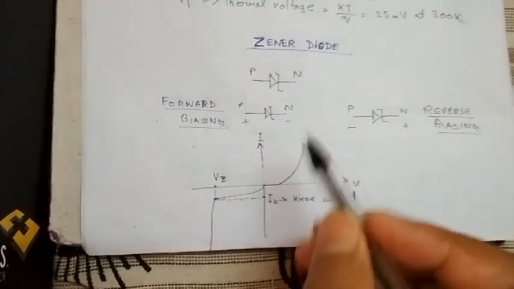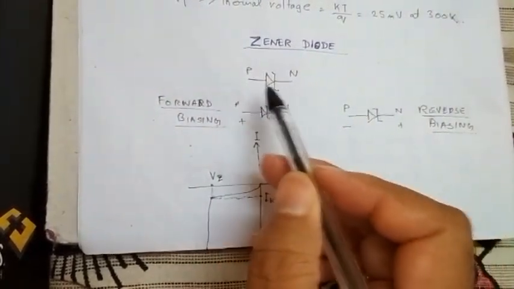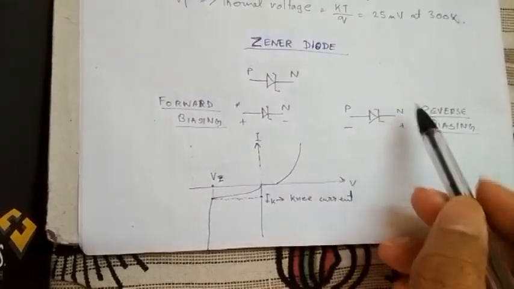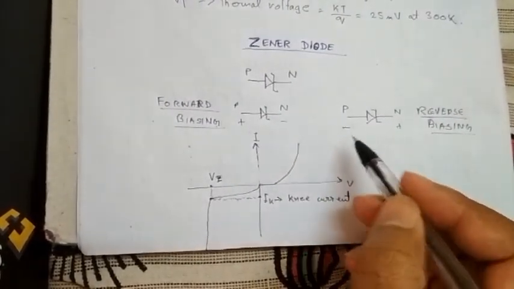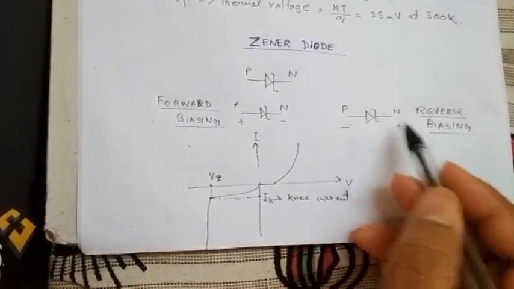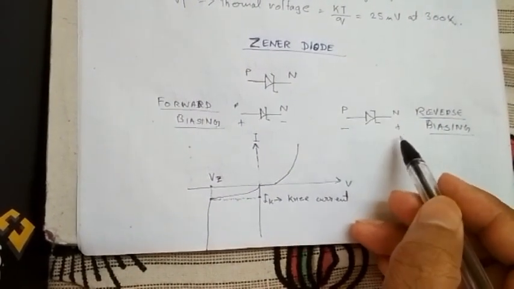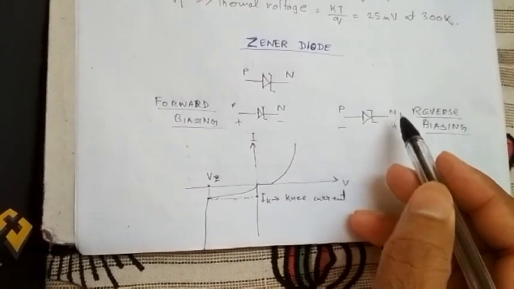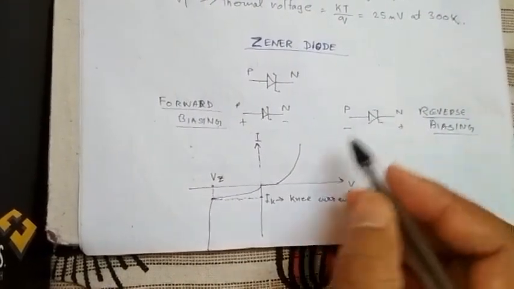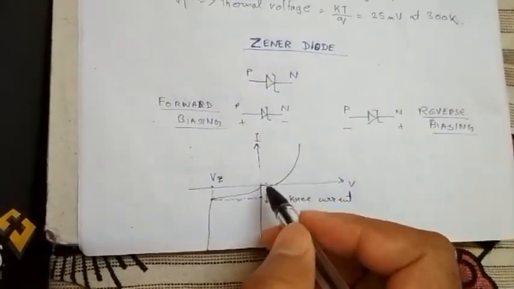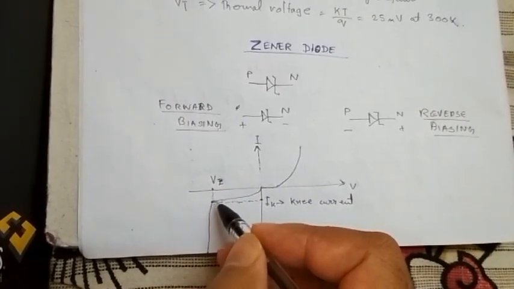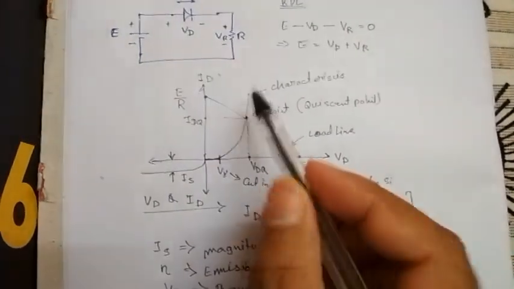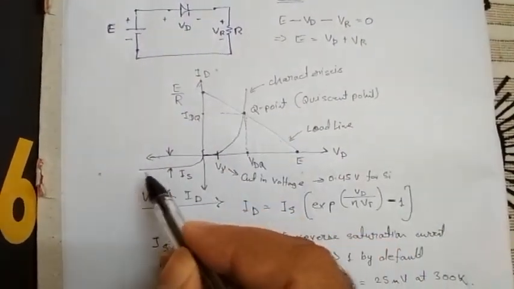When applying the negative voltage across the terminals of the Zener diode, that means when it is reverse biased, with negative voltage across the P terminal and positive voltage across the N terminal, we see that on application of this voltage, to some extent it will function just like the PN junction diode, which we have seen earlier.